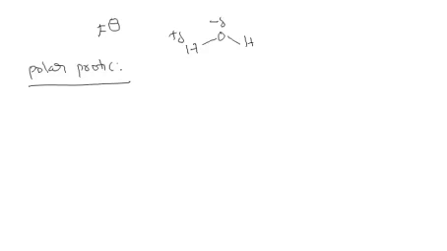in the case of polar protic, what happens? For example, water has hydrogen with a slightly positive charge, and oxygen with a negative charge. This positively charged hydrogen can form a hydrogen bond with the fluorine.